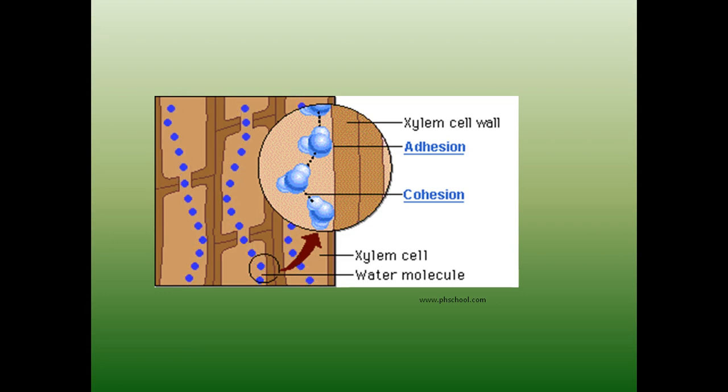In a very narrow tube, the cohesive and adhesive forces allow the water to be drawn upwards in a long column. This is called capillarity. These adhesive and cohesive forces keep the water moving up easily through the xylem.